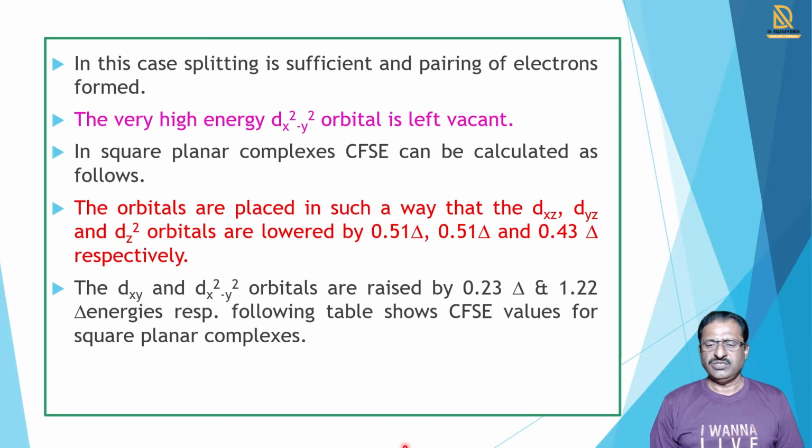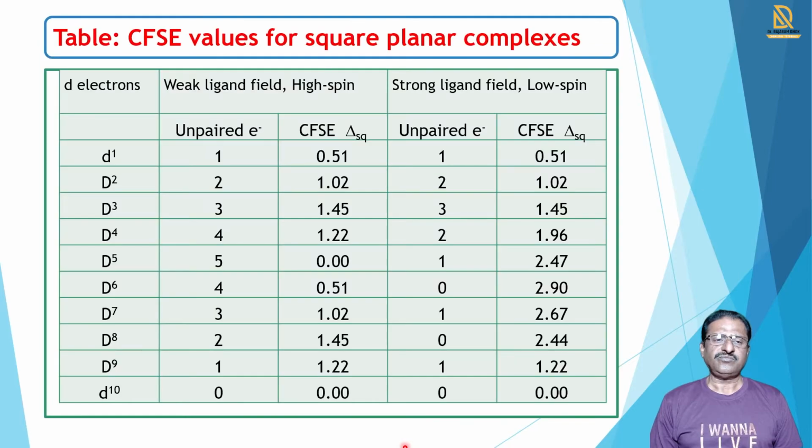So these energies are observed in the square planar complexes, and accordingly we calculate the crystal field stabilization energy. We see here in this table how we can calculate the crystal field stabilization energy of square planar complexes.